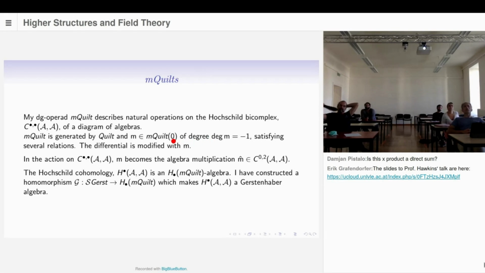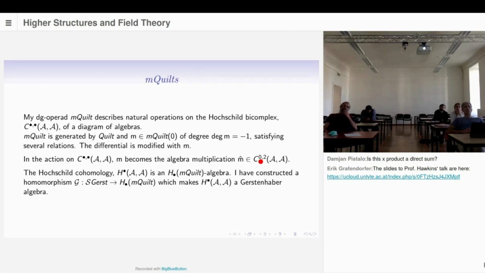And the differential, there's the old differential from Quilt, and then there's an extra term involving M. It's basically bracketing with M. Yeah, so the idea is that there's an action of M-Quilt on the actual Hochschild bicomplex, and in that representation, M simply maps to the algebra multiplication, which in the Hochschild bicomplex is an element of degree (0, 2).